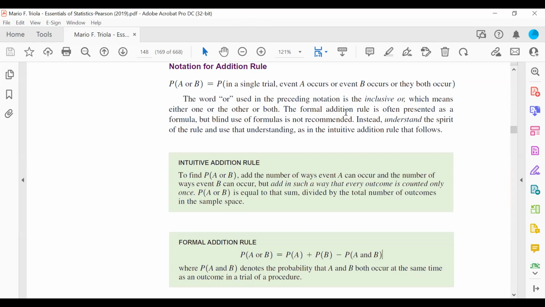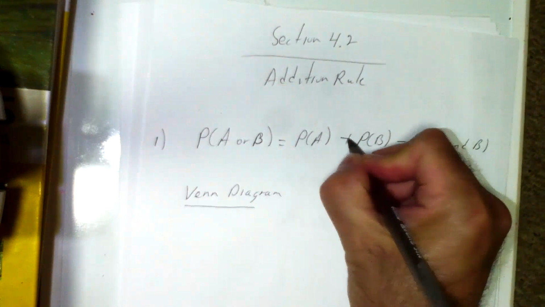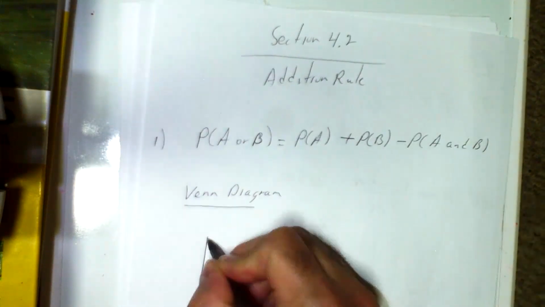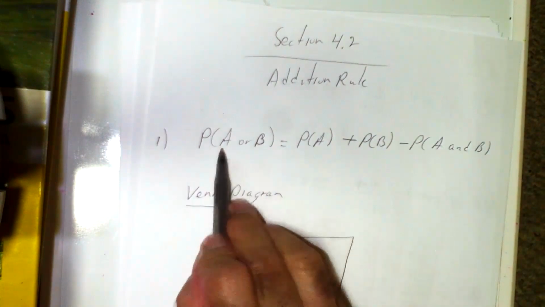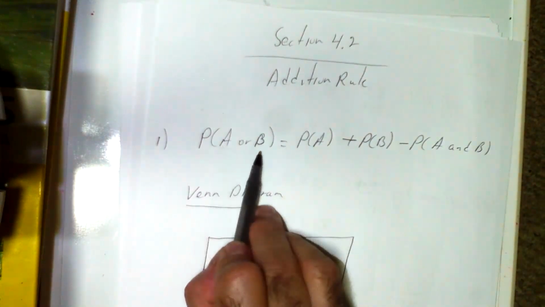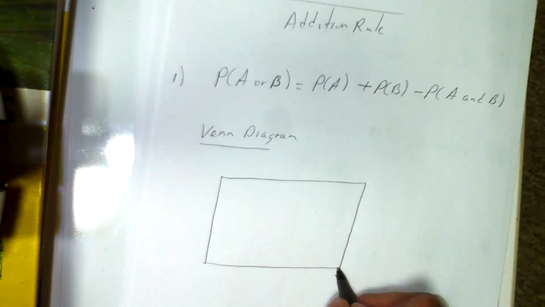So for this particular event, when we use this formula, it's supposed to be a plus. We have a Venn diagram that looks like this. So I'm going to denote A to be a certain color and then B another color. So this is your universe, the plane.